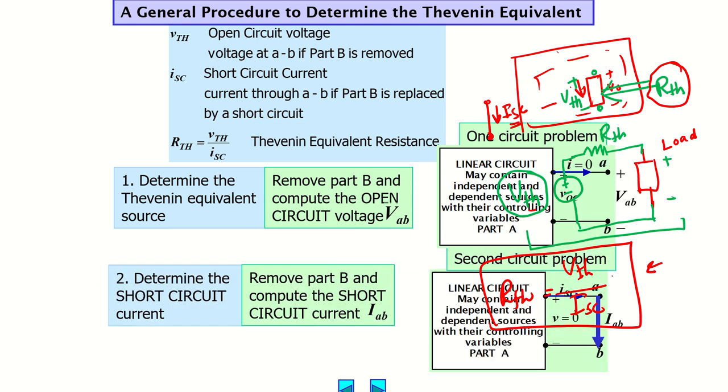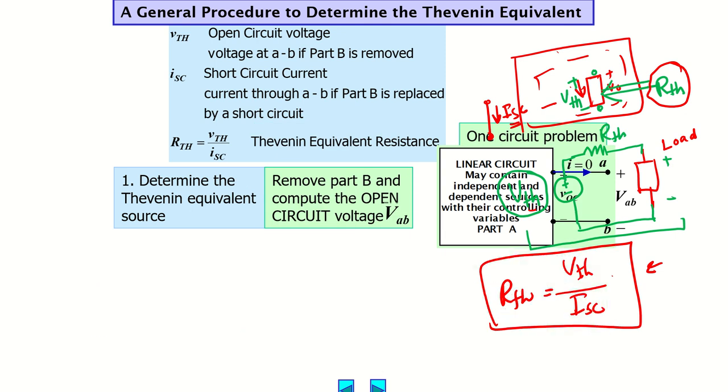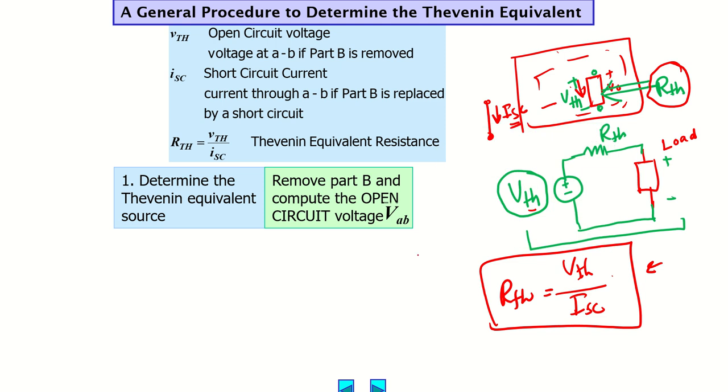And if you want to make a Norton equivalent circuit, it is similar. The only difference between the Thevenin and Norton equivalent circuits is that we get our load and we get R Thevenin, which for the Norton case is also called R Norton, but it's the same. There is no difference. In Thevenin, we calculate the open circuit voltage.